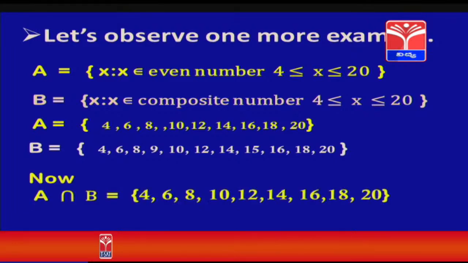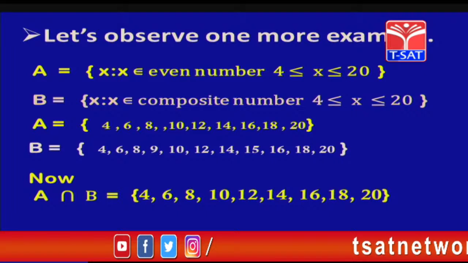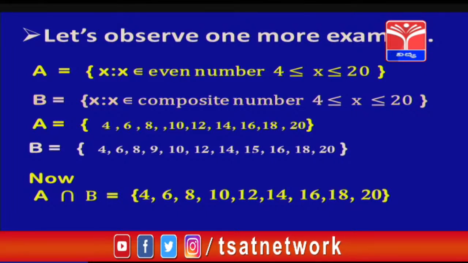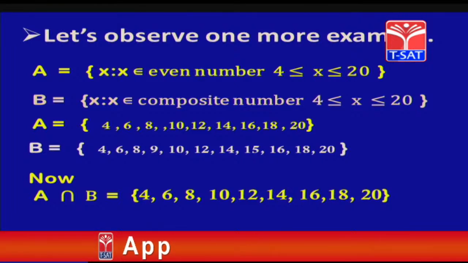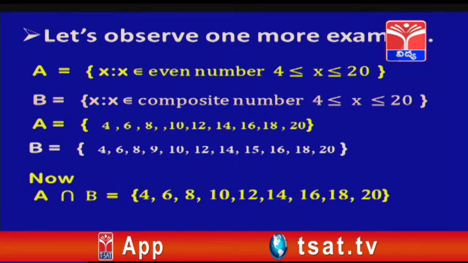Now, A intersection B. Let us find the common elements. You see the common elements: 4, 6, 8, 10, 12. These are all the common elements of both sets, called the intersection of the sets.